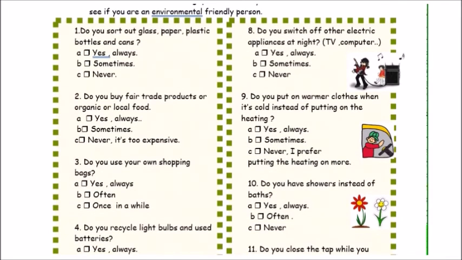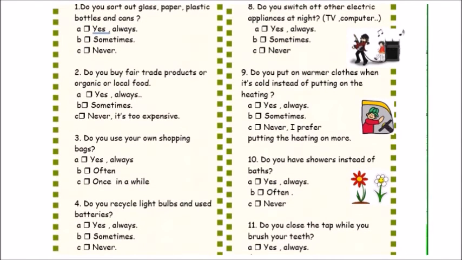Do you buy fair trade products or organic or local food? So do you buy organic or local food? Yes or no? Why? Why is it important? Because if we buy things from other places, cars or transportation is a way to bring those products to our community, and it's a way of polluting the air because cars release carbon dioxide, and so it's a way to pollute the environment.